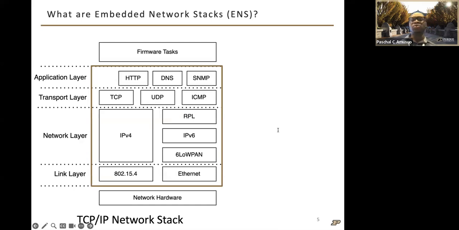Unfortunately, embedded systems do not have these protections. Hence, there is greater need to detect and eliminate critical vulnerabilities from these systems. Also, it is worth knowing that these ENS are closely tailored to embedded applications and their operating systems, and hence they have very diverse characteristics.